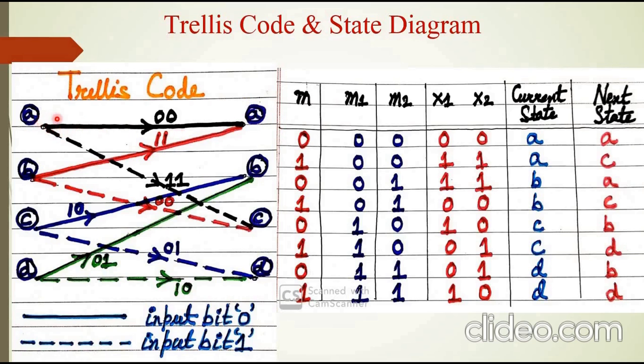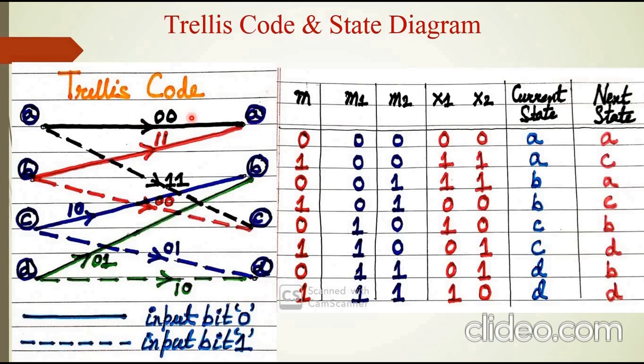So it will go from A to A. Here output will be 0, 0. That one can see, and we have calculated it in x1 and x2. So on that line, we have represented the output 0, 0.